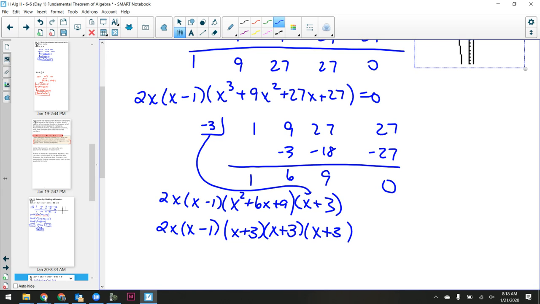So we've got an x equals 0, an x equals 1, and an x equals -3. It looks like I only have 3 roots. But in reality, I have 1, 2, 3, 4, 5 roots, because the -3 has a multiplicity of 3. Here's 1, here's 2, here's 3, 4, 5. That make sense?